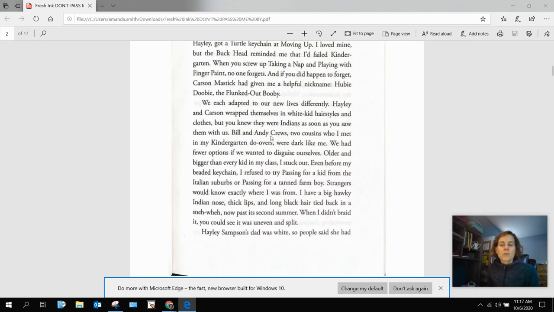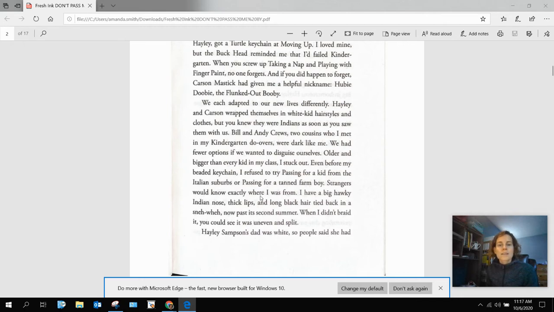Bill and Andy Cruz, two cousins who I met in my kindergarten do-overs, were dark like me. We had fewer options if we wanted to disguise ourselves. Older and bigger than every kid in my class, I stuck out. Even before my beaded keychain, I refused to try passing for a kid from the Italian suburbs or passing for a tanned farm boy.